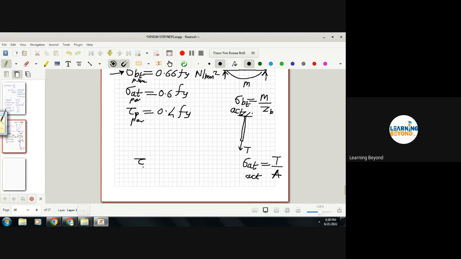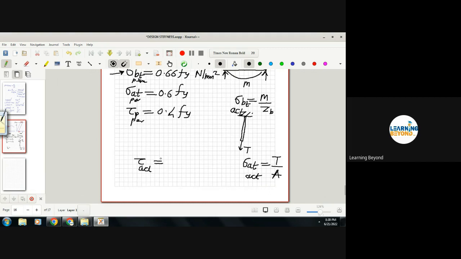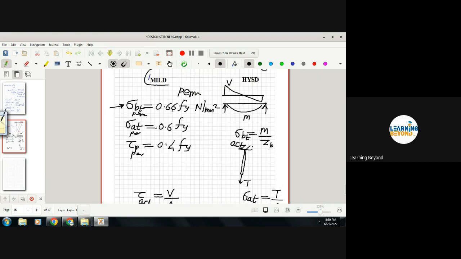Tau actual is V upon A. You know the shear force, so V upon the cross-sectional area. So find out these numbers and compare with the permissible stresses. That is the design. We can call it a strength design. Strength design means checking the actual stresses and comparing them with the permissible stresses.